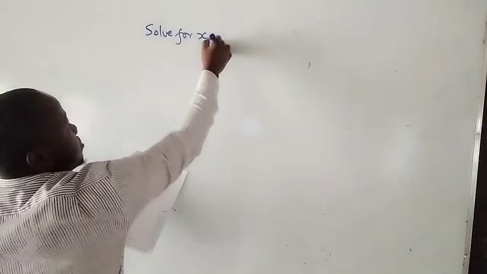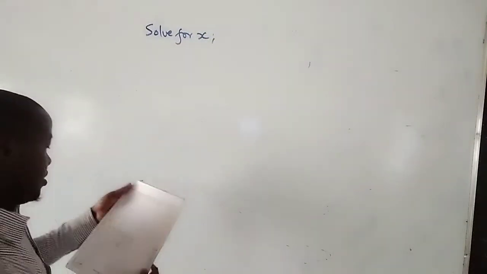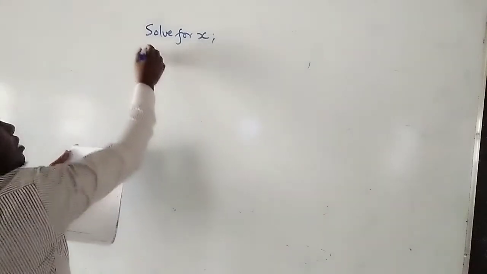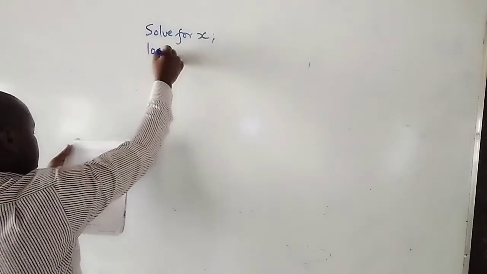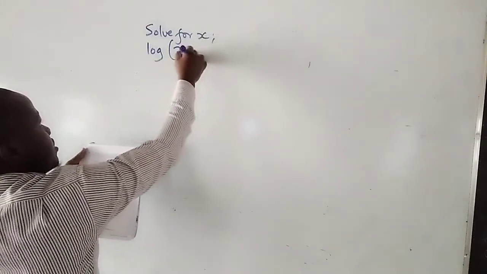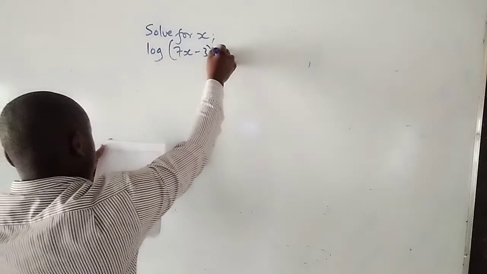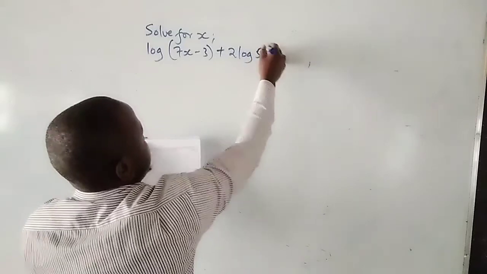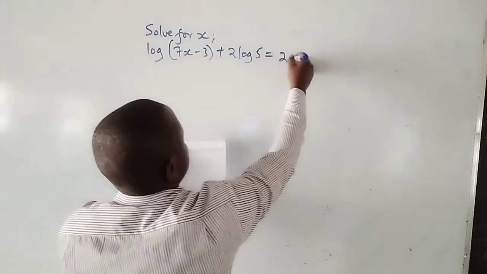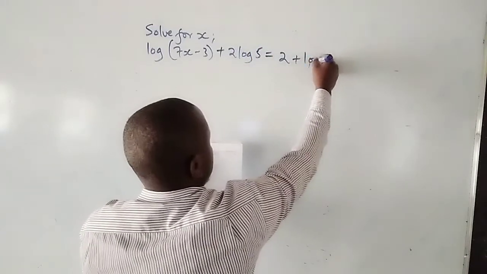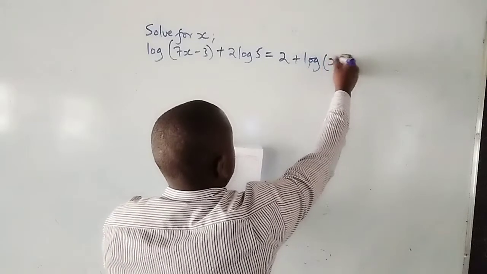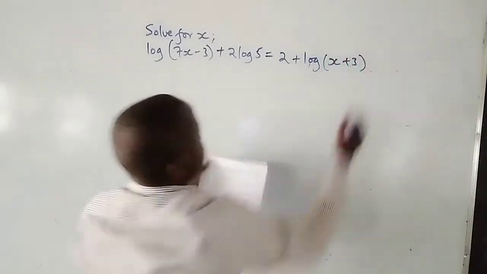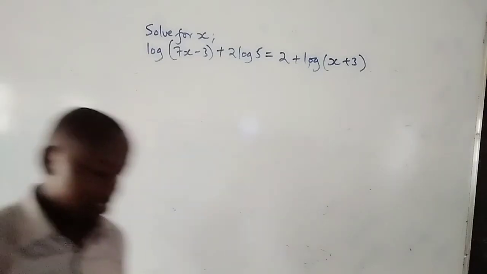Then you are told the logarithm of 7x minus 3 plus 2 times the logarithm of 5 is equal to 2 plus the logarithm of x plus 3.